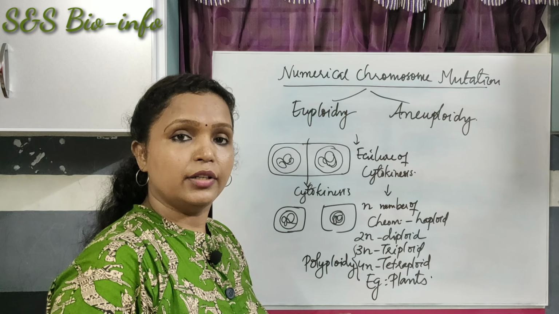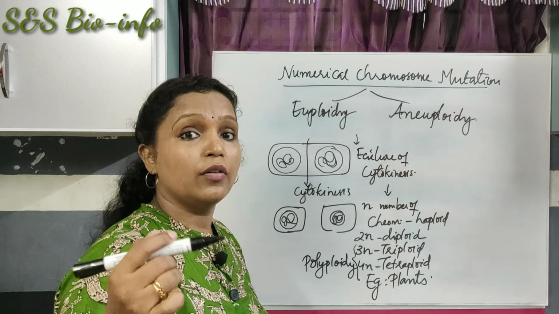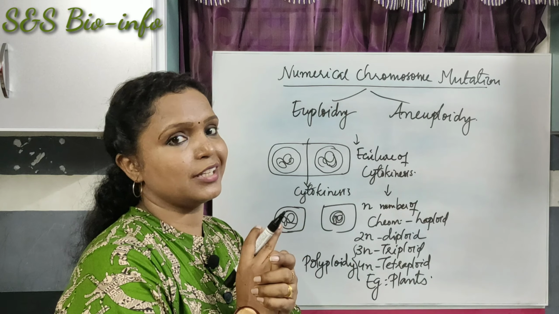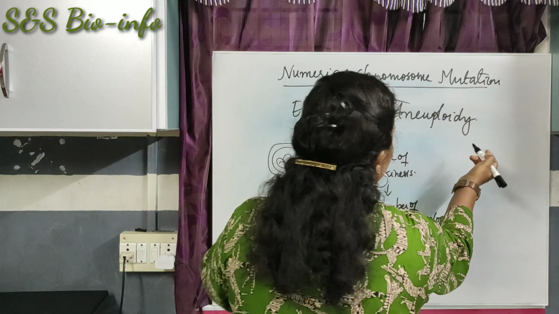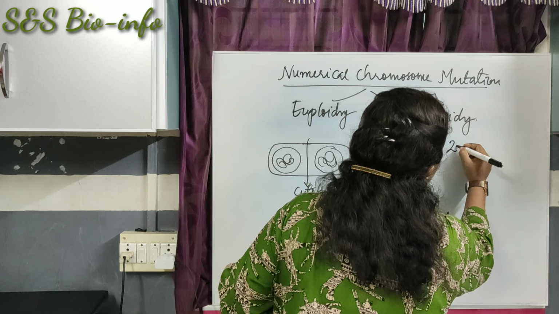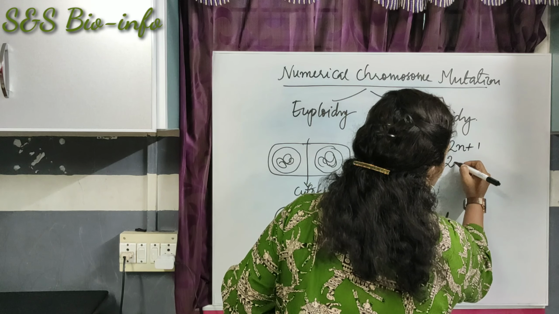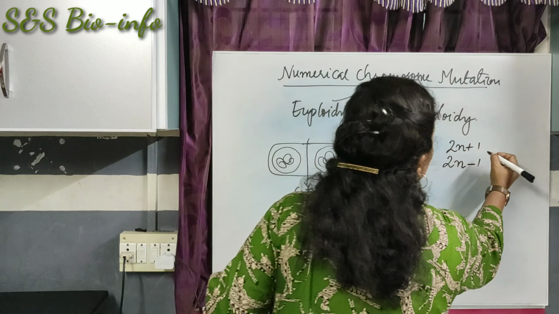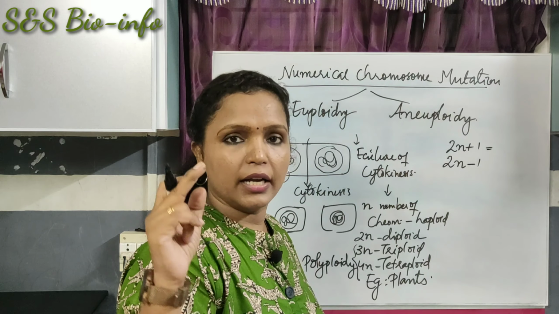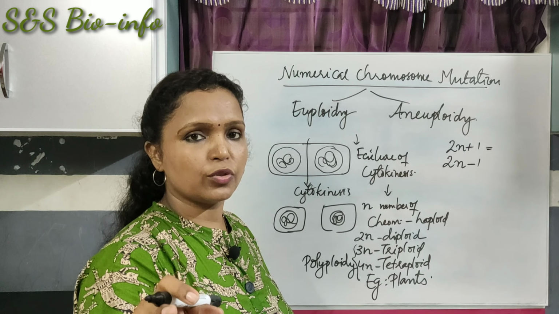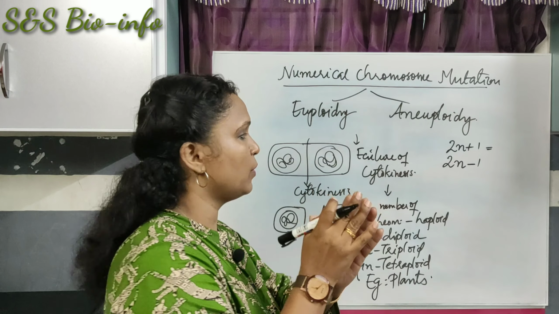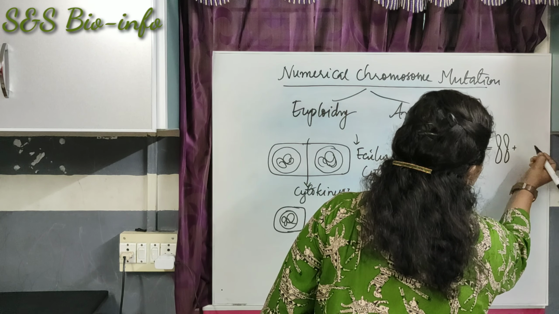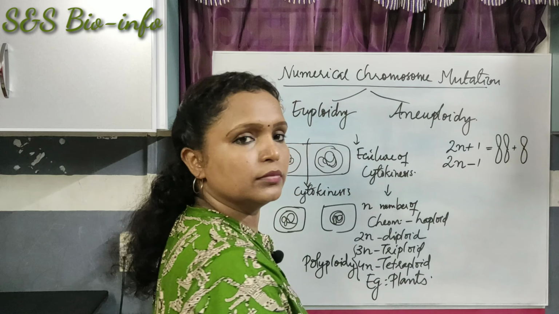Aneuploidy occurs due to the addition or deletion of one or two chromosomes to the total diploid set of chromosomes. So it can be represented as 2n plus 1, 2n minus 1. 2n plus 1 means addition of a single chromosome to the 2n set of chromosomes. Suppose this is one pair of chromosomes, with addition of one more chromosome.